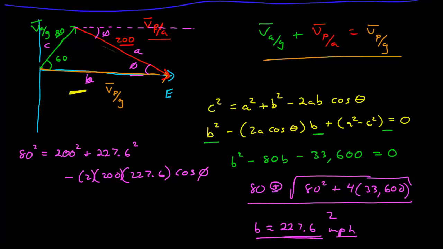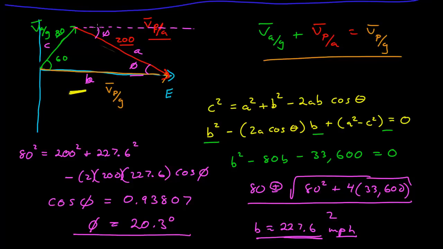If I do all this on my calculator, I get cosine phi equal to 0.938. I'll carry some significant figures just in case. And then phi is equal to 20.3 degrees, which is the same as this phi, which tells me the angle south of north to point my airplane.